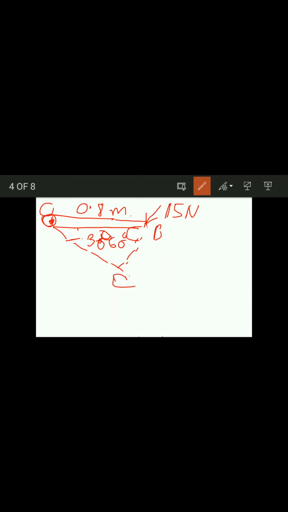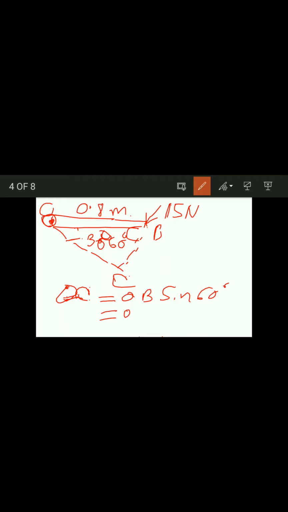So from the geometry, OC equals OB sine 60 degree.